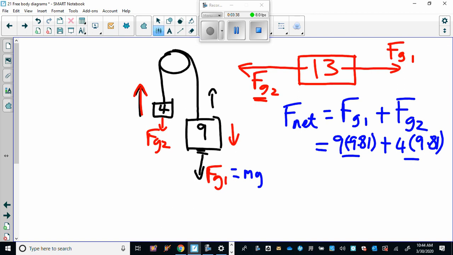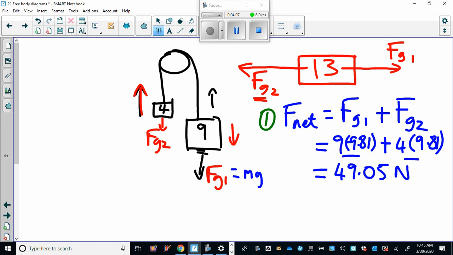Okay, so you stick those numbers into your calculator, and I've done it on the piece of paper here. What you end up getting is a net force of 49.05 newtons. So that's the net force acting on the system. Now we can find the acceleration. So we'll call that equation number 1.